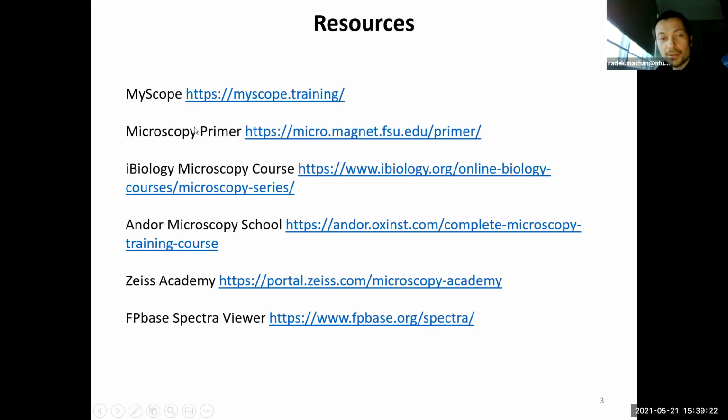It was started by the late Michael Davidson from Florida State University, and it's a textbook which explains all sorts of things in optical microscopy: the construction of an optical microscope, operation, different modalities of optical microscopy, and also it contains galleries of microscopy images.